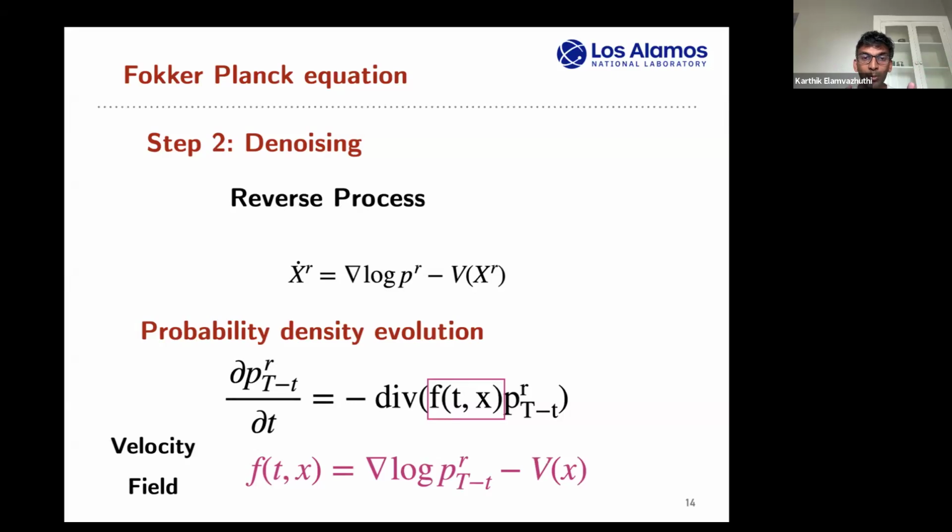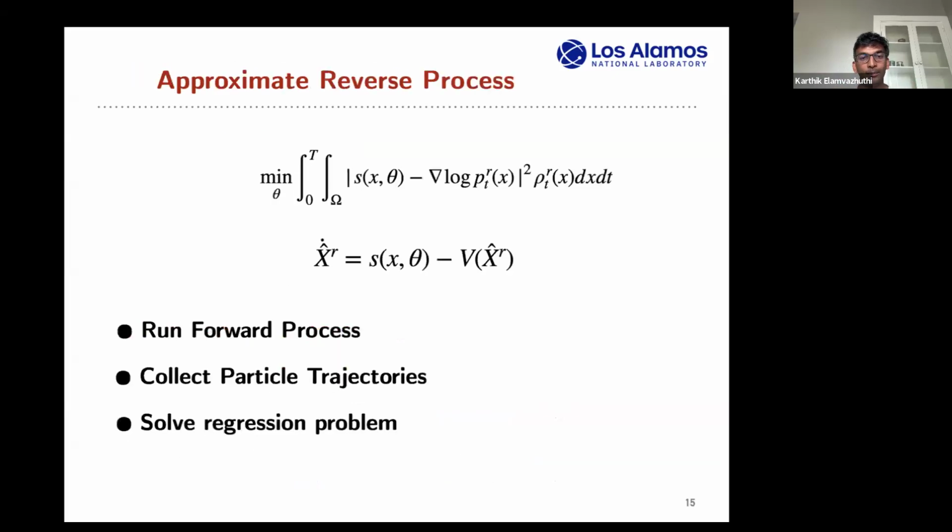So if you can learn this object, you can basically go from noise to something meaningful, or whatever your original set of images was. The idea behind denoising diffusion is essentially this: you want to learn the score function, which takes you back from noise to the original data. And now learning the score just amounts to solving a regression problem.